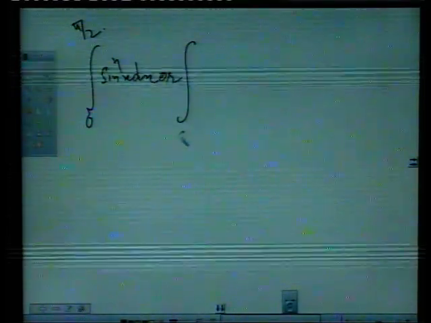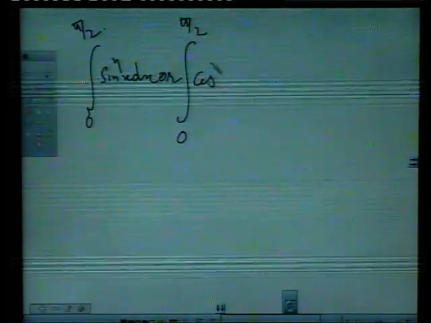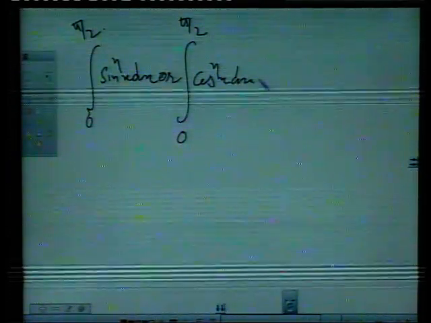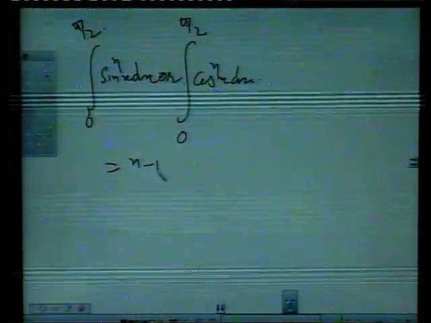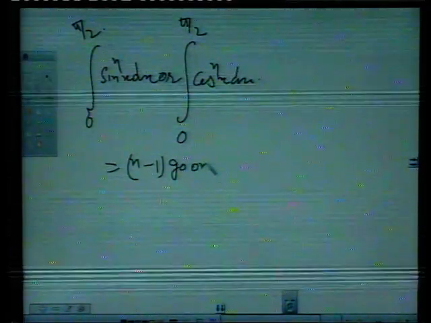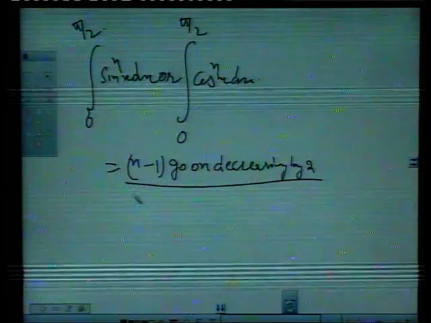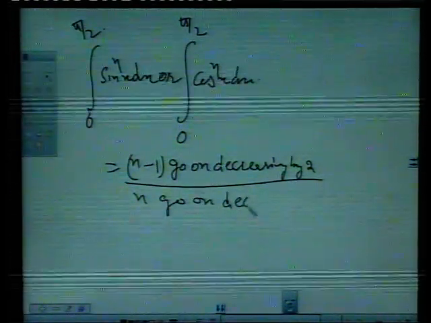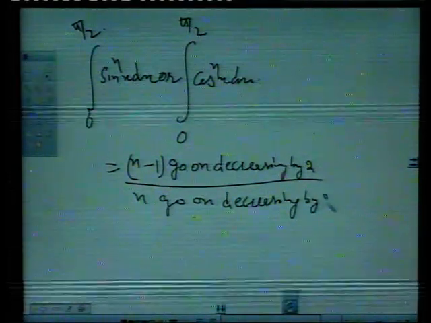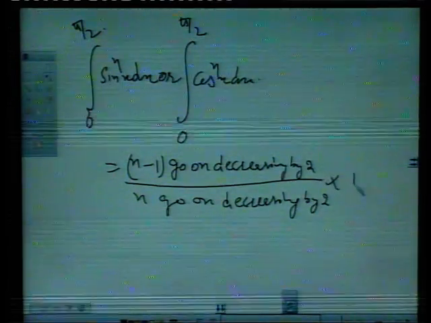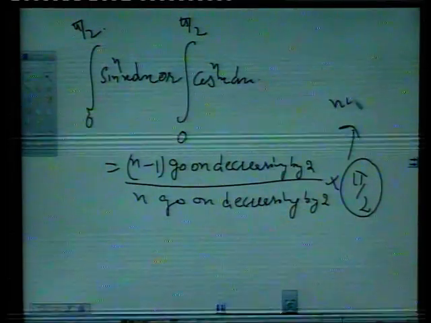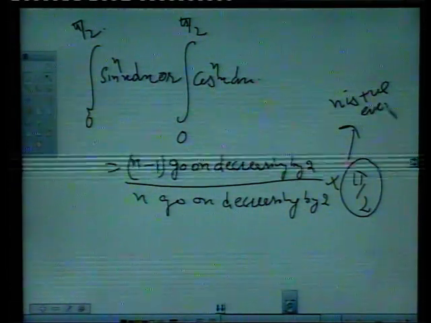So, this is actually 0 to pi by 2 of sine or cos dx is equal to n minus 1 going on decreasing by 2 divided by n going on decreasing by 2, and this is multiplied by pi by 2 if n is a positive even integer.